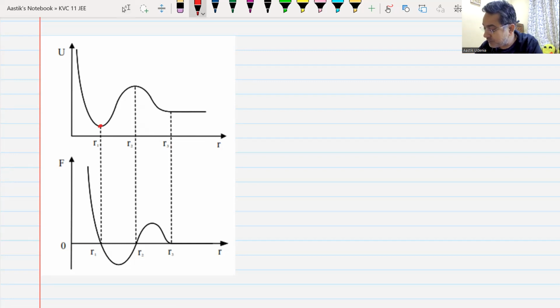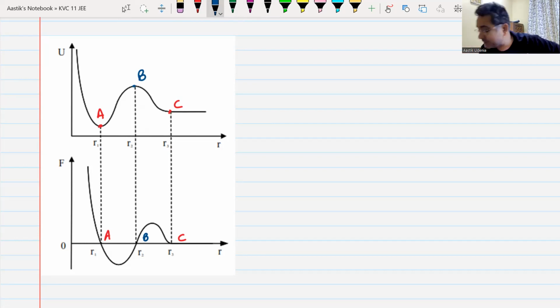If I call these points A, B, and C, these are the corresponding points A, B, and C. What do you see here?